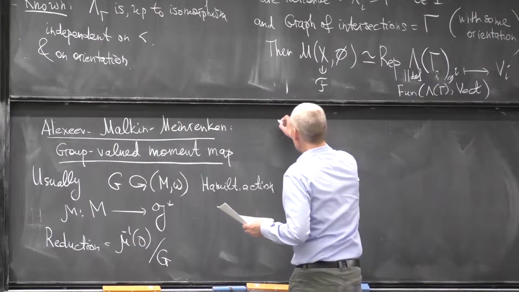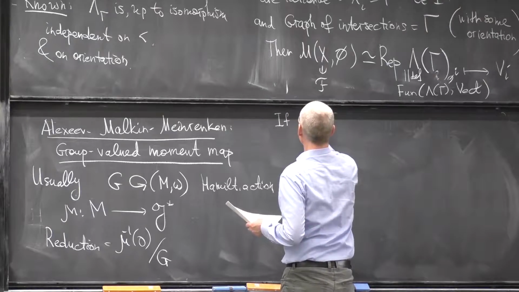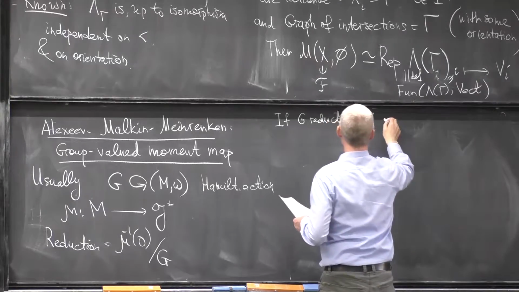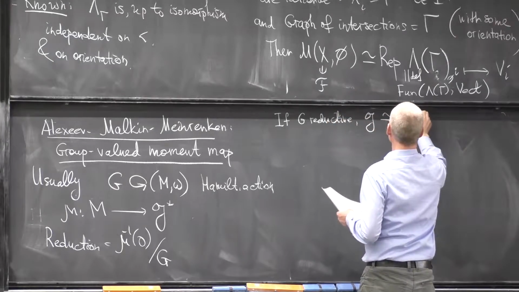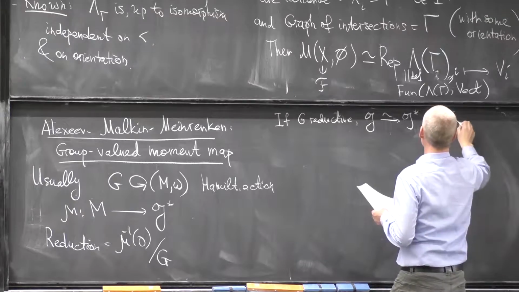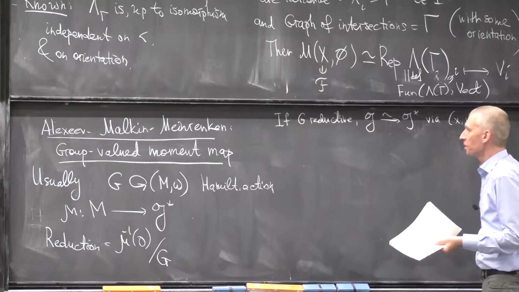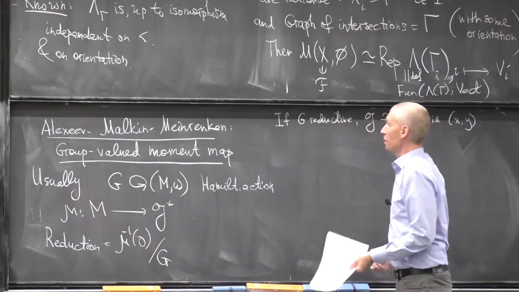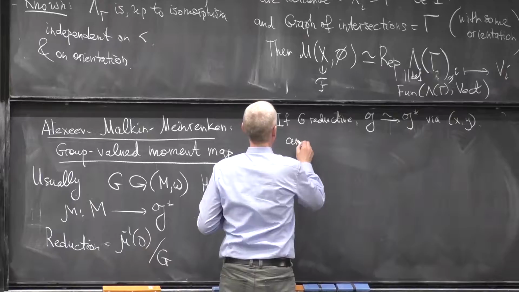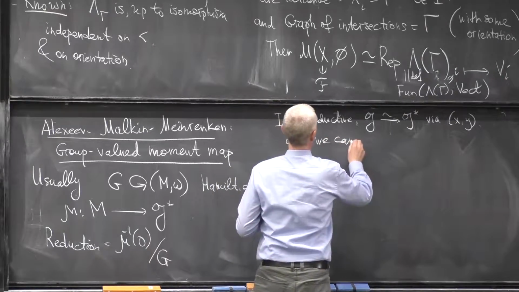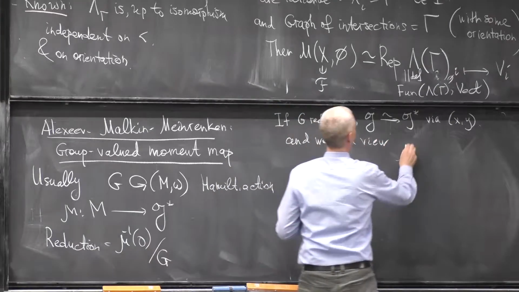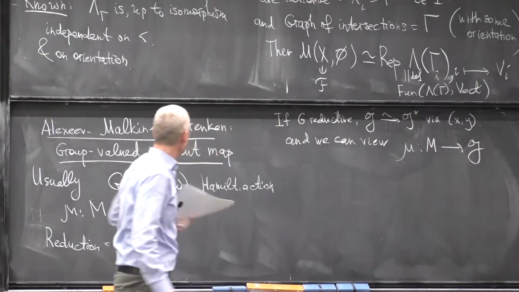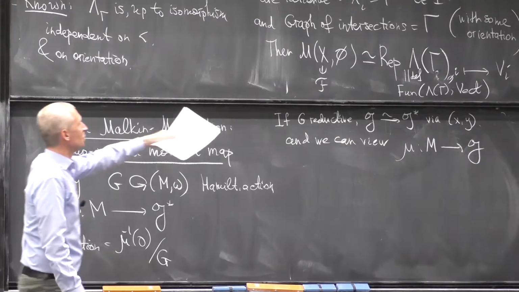Now, if G is effective, the Lie algebra is identified with its dual by the scalar product, which I already mentioned. So we can think in a perverse way that the moment map takes values in the Lie algebra and not in the dual. Mu is a map from M to G, and we can try to write the conditions in those terms.